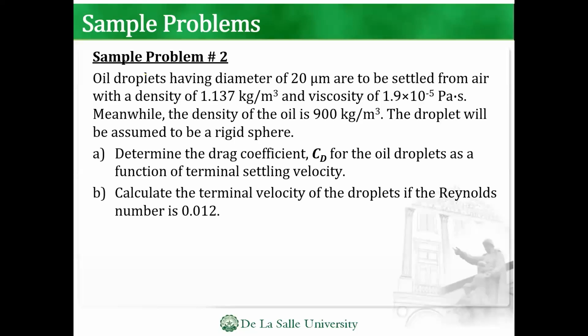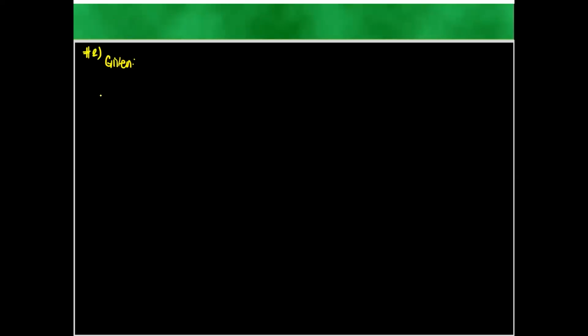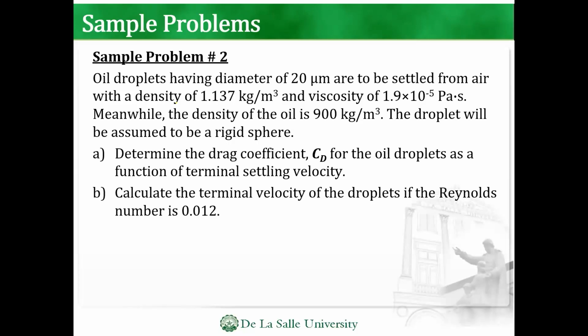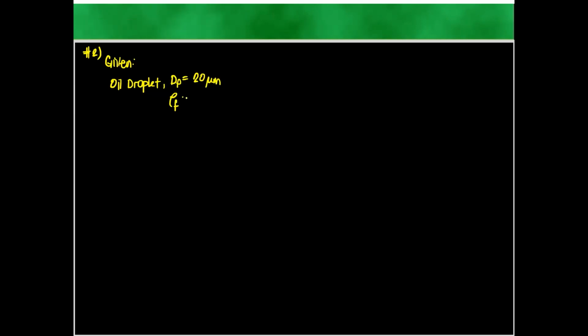So let's write the given. You are given the diameter of the oil droplet. The diameter of the particle is 20 microns. The density of the fluid is 1.137 kilogram per cubic meter.